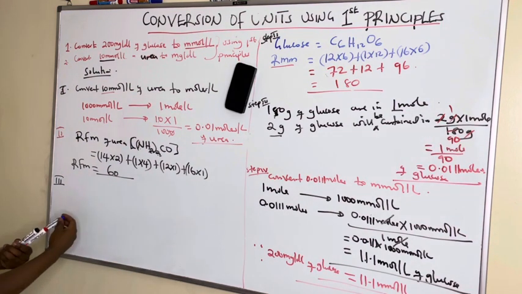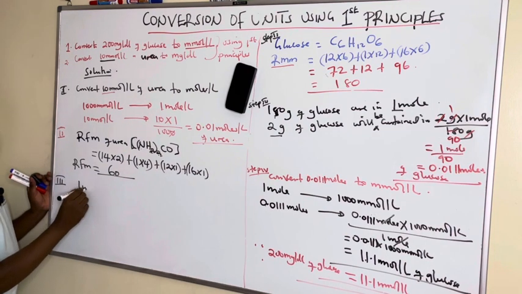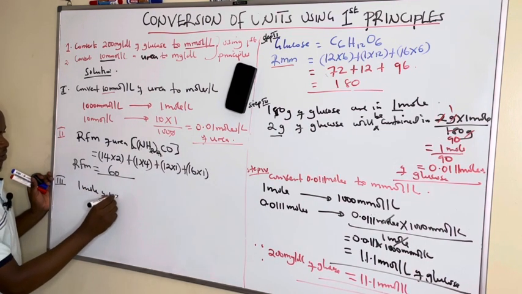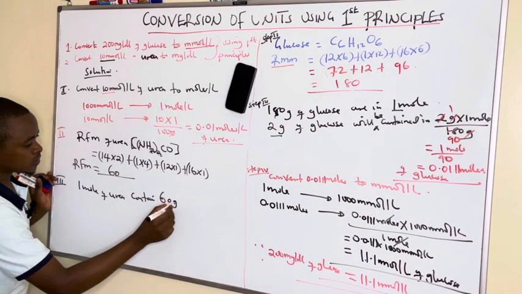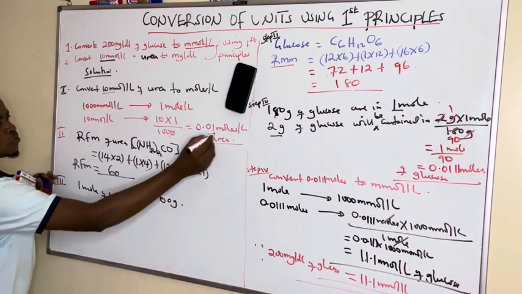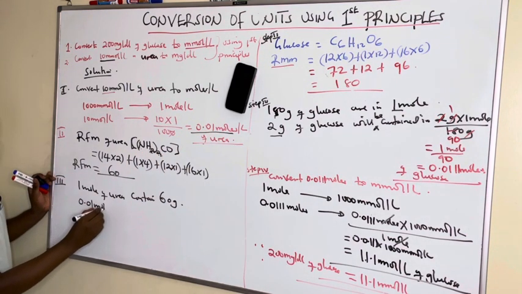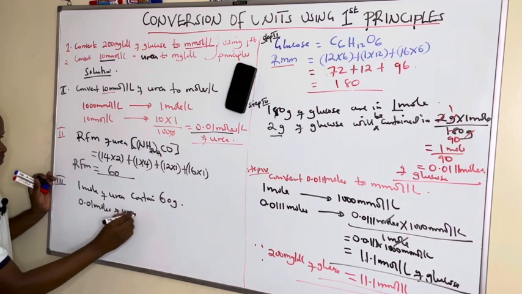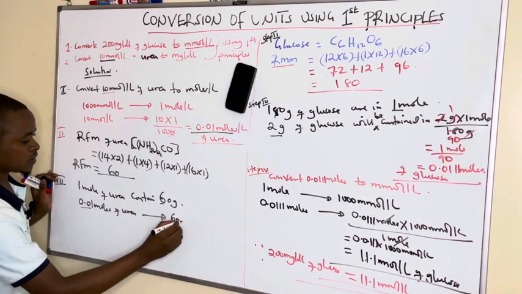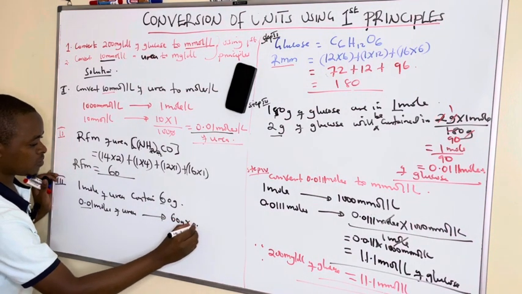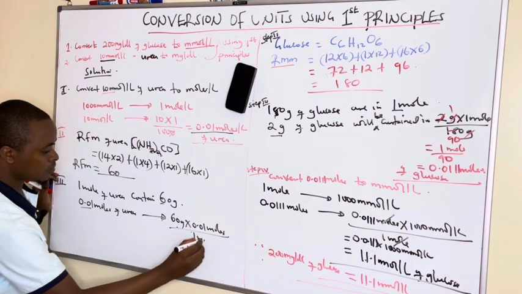So if 1 mole of urea contains 60 grams, what about 0.01 moles of urea? We cross multiply, which is 60 grams times 0.01 moles divided by 1 mole.